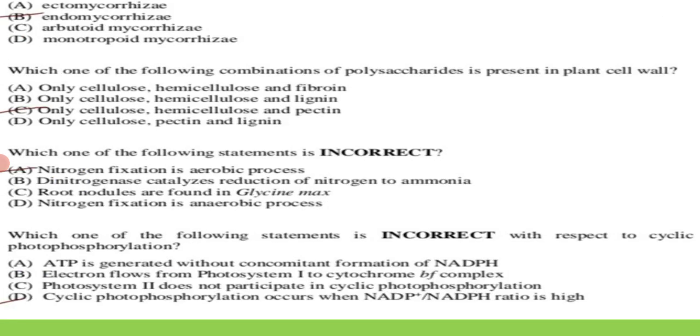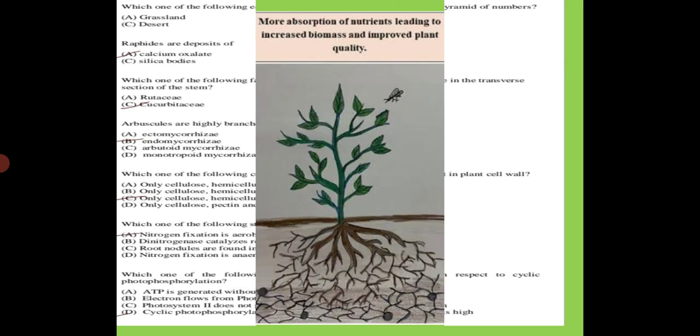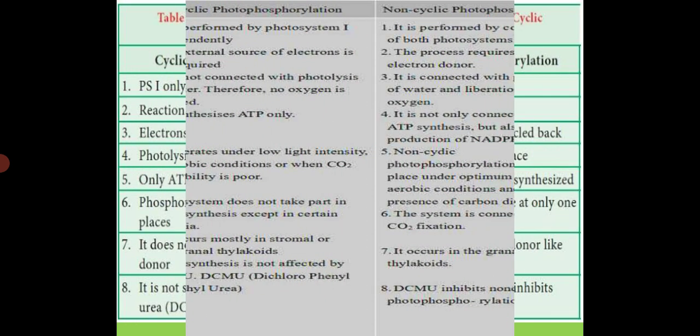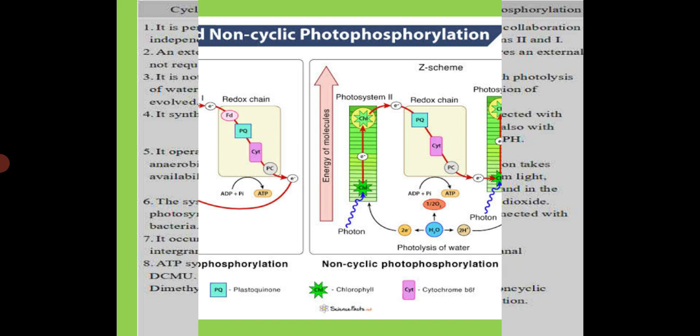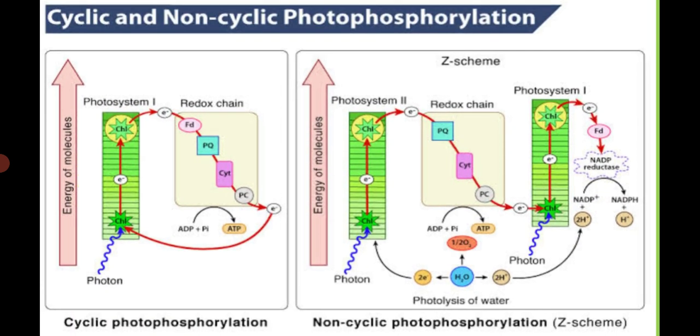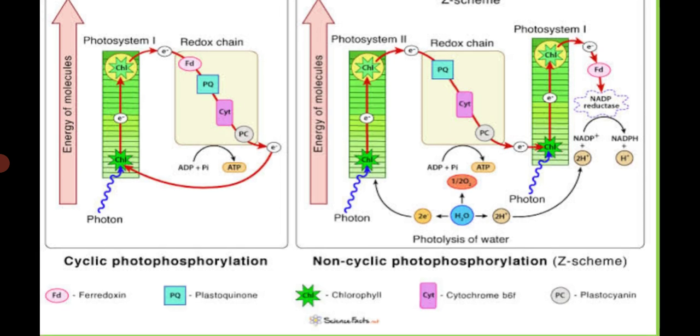Then next: which one of the following statements is incorrect with respect to cyclic photophosphorylation? Two types of photophosphorylation are there, cyclic and non-cyclic.